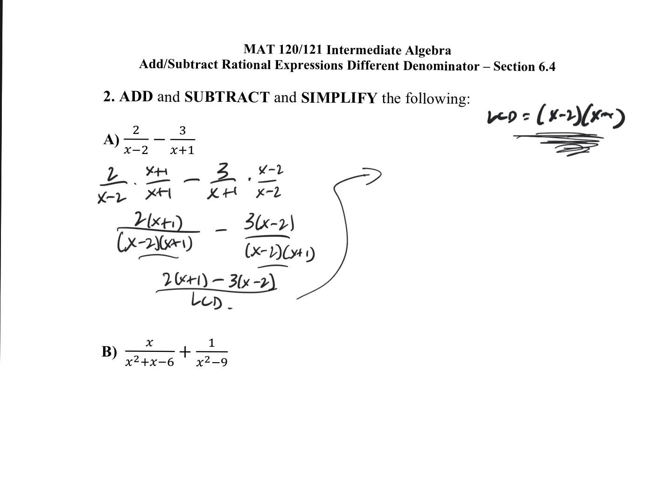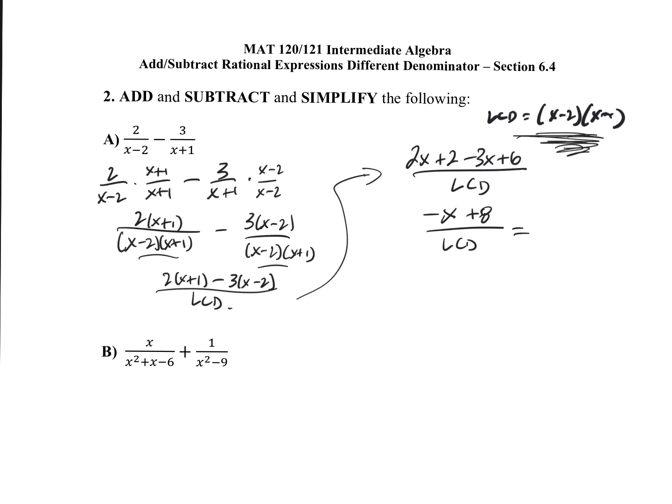So keep continuing on. Upstairs, what I need to do is multiply out, do some distribution. So we get 2x plus 2 minus 3x plus 6 all over our LCD. And then at this stage, we'll combine like terms. Looks like I get a negative x plus 8 all over my LCD.